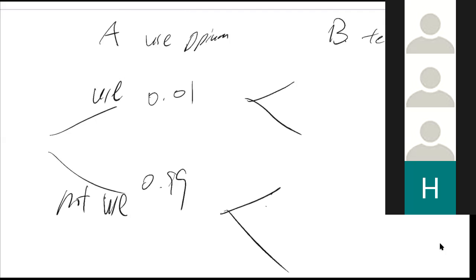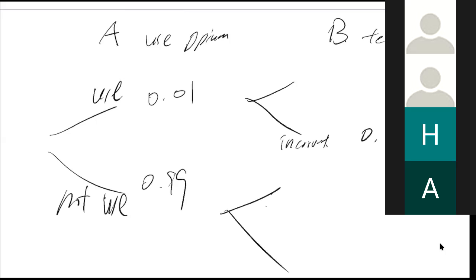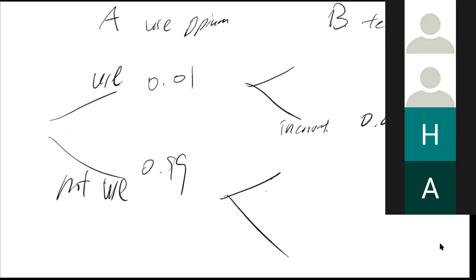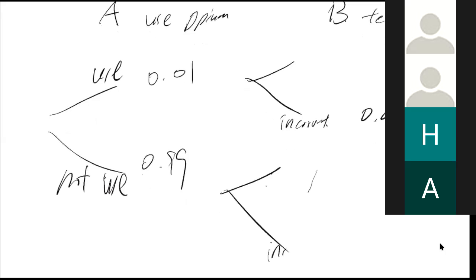The test gives 0.05 when it is incorrect, meaning the person actually used opium but the test doesn't detect it. And there are 0.02 of people who didn't use opium but test positive, so the test is inaccurate there. Then we can take the complements and calculate the results.